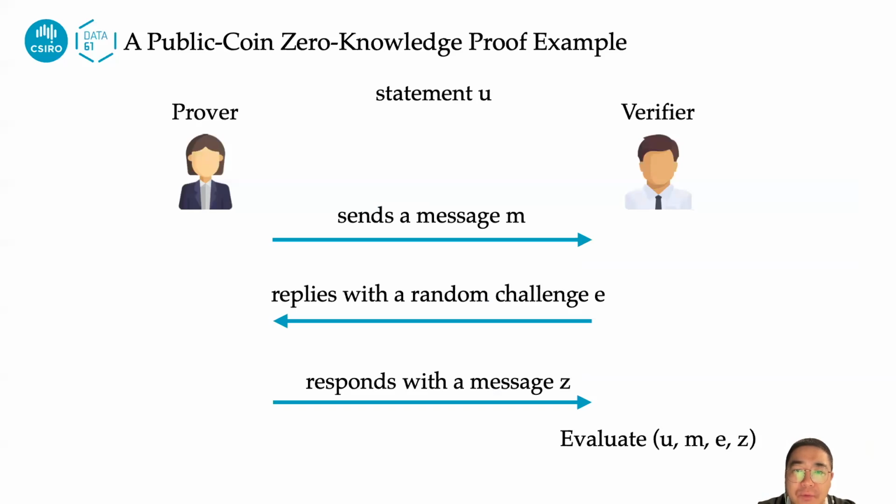Then the verifier replies with a random challenge. The prover must send back some values computed with this challenge. And finally, the verifier can use these values to conduct a verification. The popular Fiat-Shamir transformation can help transform the interactive protocol to a non-interactive one.